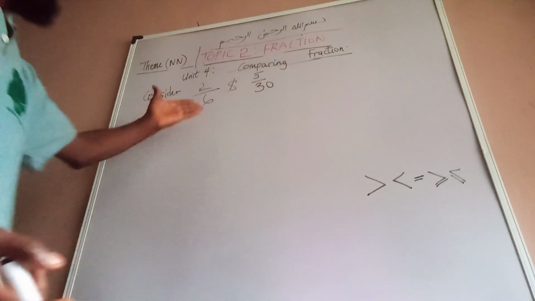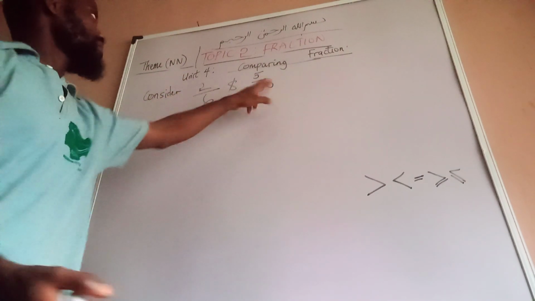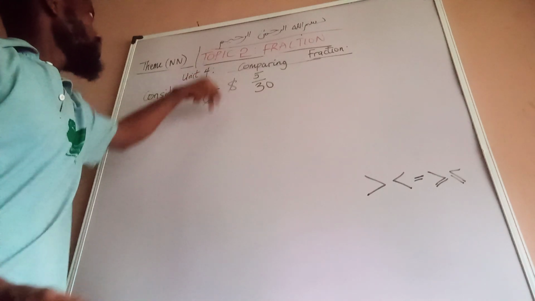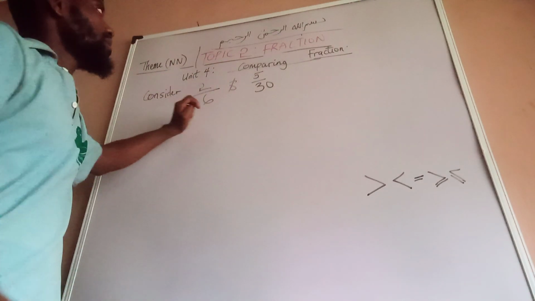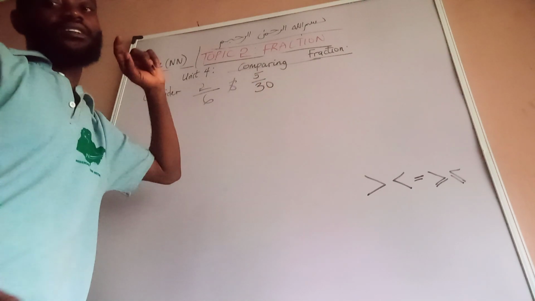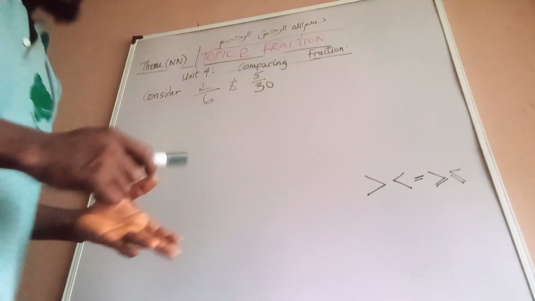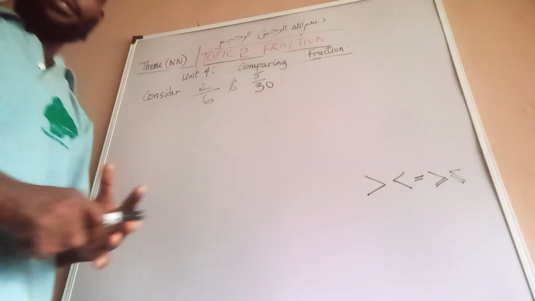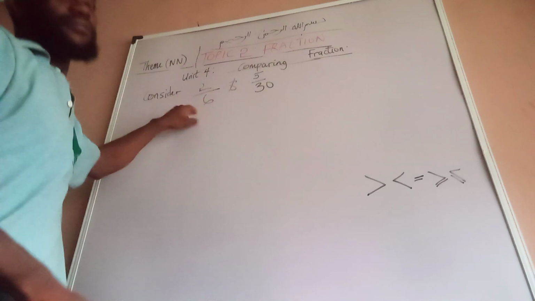Now, when looking at it, what number can we multiply by 6 to give us 30? We can multiply the numerator and denominator of this one that is smaller to have the same denominator as this. So if you look at it now, when you go to the 6 times table, 6 times 1, 6, 6 times 2, 12, 6 times 3, 18, 6 times 4, 24, 6 times 5, 30. Definitely we must multiply this 6 by 5.